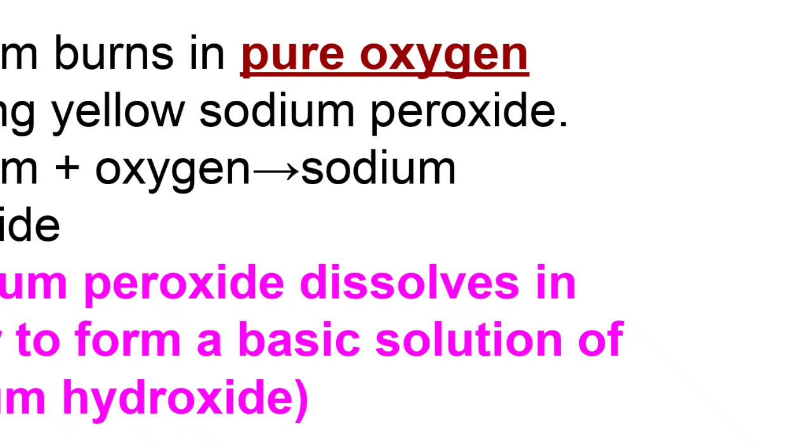Sodium burns in pure oxygen to form a yellow solid called sodium peroxide. So sodium plus oxygen when it is pure forms sodium peroxide. Sodium peroxide dissolves in water to form a basic solution of sodium hydroxide.